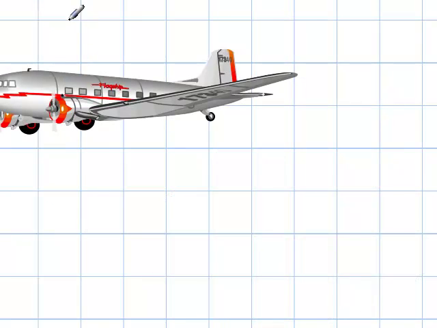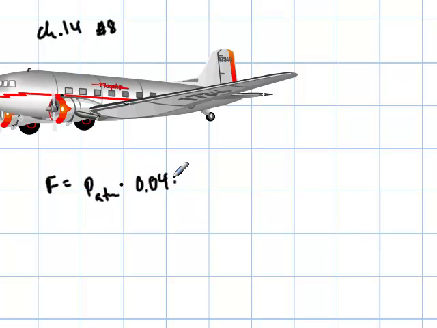Okay, next problem is chapter 14, number 8. I'm going to do that as quickly as I can, to squeeze it into these 10 minutes. How much lift is exerted on the wings of an airplane that have a total surface area of 100 square meters when the difference in air pressure below and above the wings is 4% of atmospheric pressure? So the force comes out to the atmospheric pressure times the 4%, so 0.04 times area.